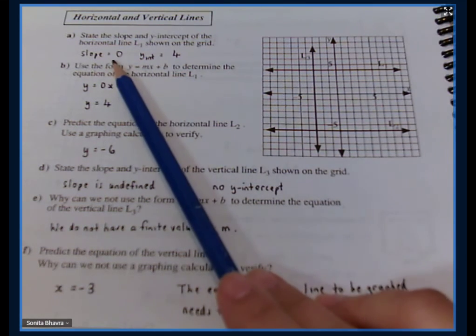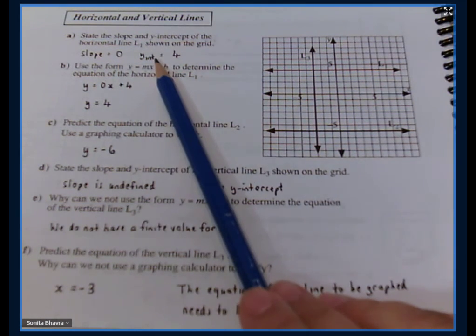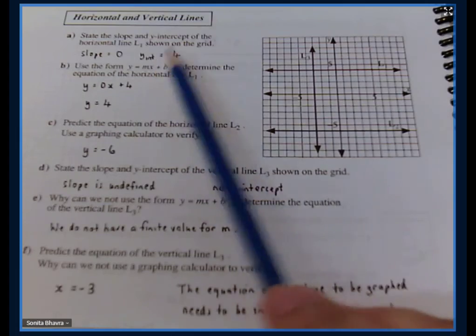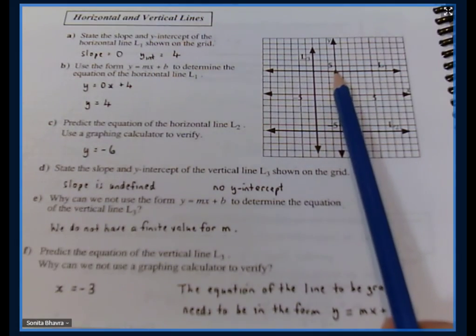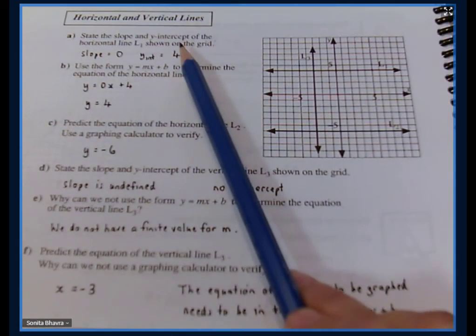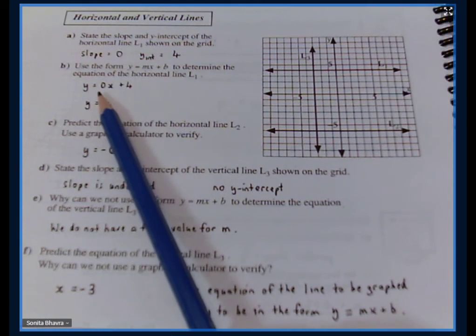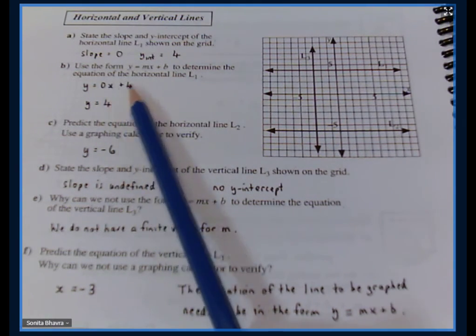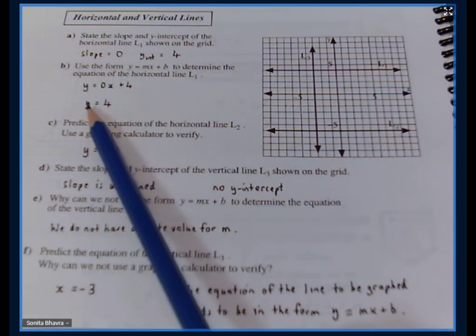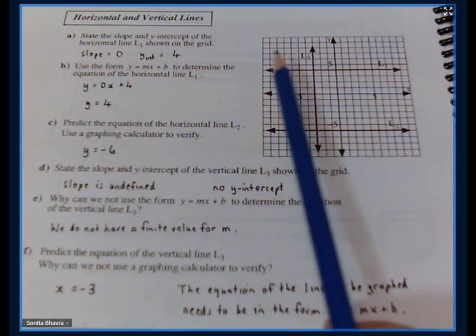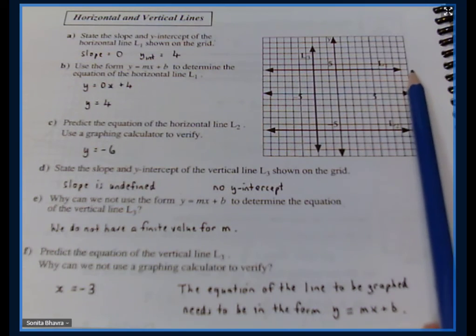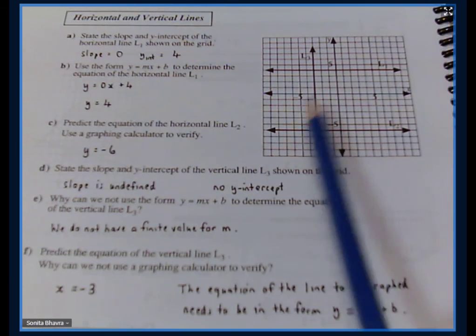The y-intercept for line 1 is positive 4. So when we're putting this into our y equals mx plus b form, 0x plus 4, we just end up with a line called y equals 4. It's just crossing right through y equals 4, and there's no slope.